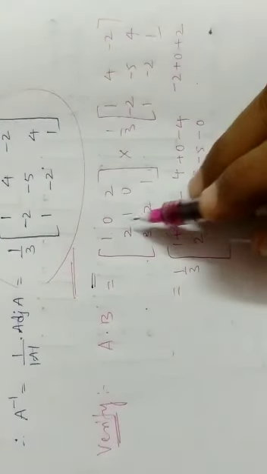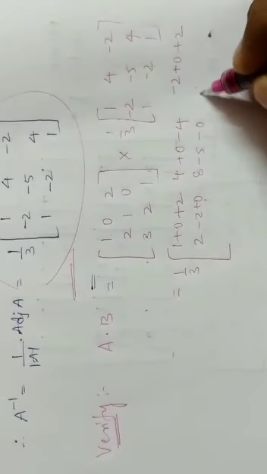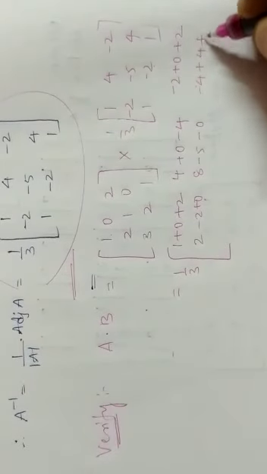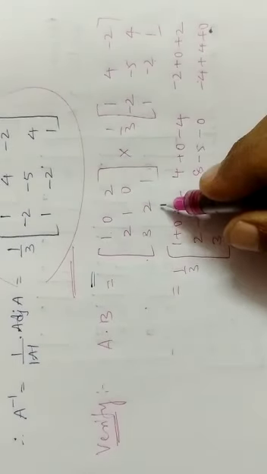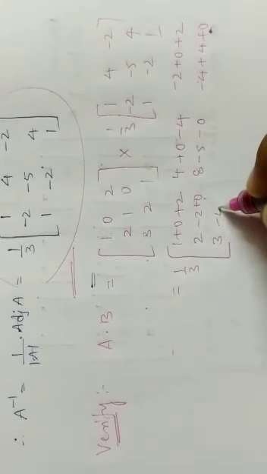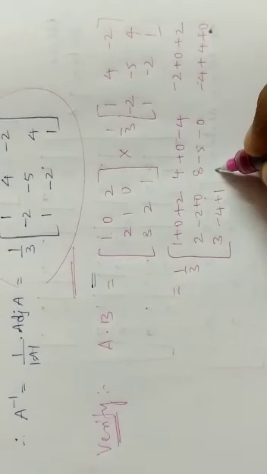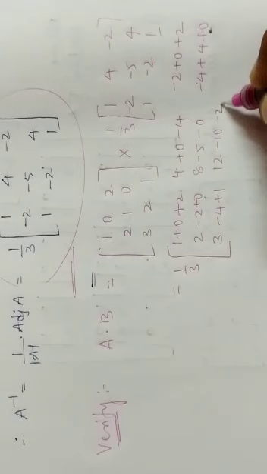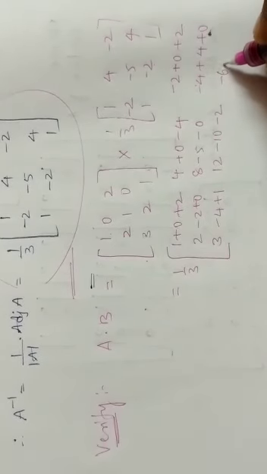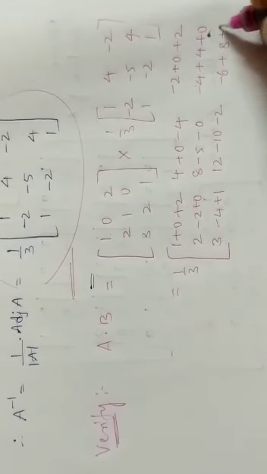Next, 2 into minus 2, minus 4 plus 4 plus 0. 3 1s are 3, minus 4 plus 1. 3 fours are 12 minus 10 minus 2, minus 6 plus 8 plus 1.